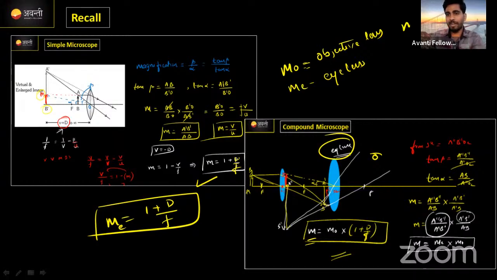Already the magnification of the eye lens we calculated in the first derivation, that is 1 plus D by F, correct now? We need to find out here the magnification of the objective lens. Objective lens के लिए क्या आ गया था हमको? A dash B dash by AB. It is nothing but the size of the image by the size of the object. That's it. Okay, into 1 plus D by F. Clear है ना? Up to this point, is it clear? Let me know through the chat box quickly.